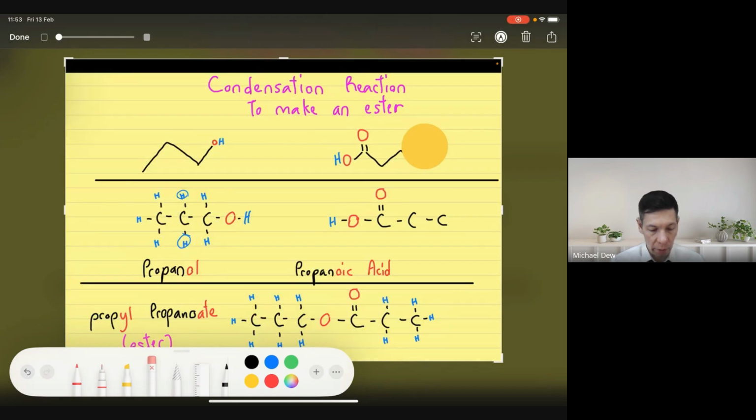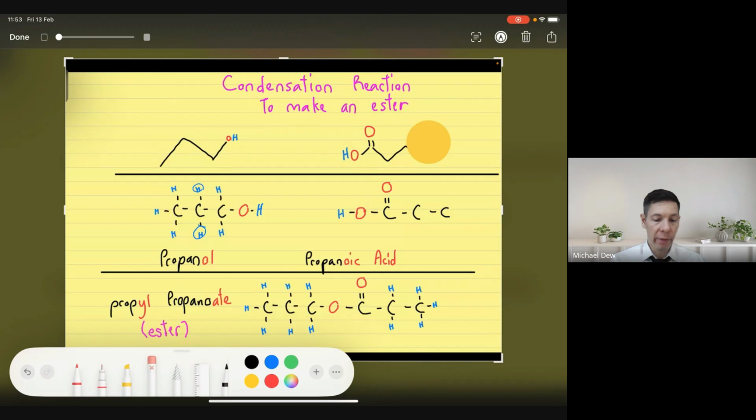Now these 2 substances, an alcohol and a carboxylic acid, will undergo a reaction. Sometimes there's a polymerization reaction if there is a carboxylic acid on both sides of the molecule or an alcohol group on both sides. But in this case, there's only 1 functional group on each end.